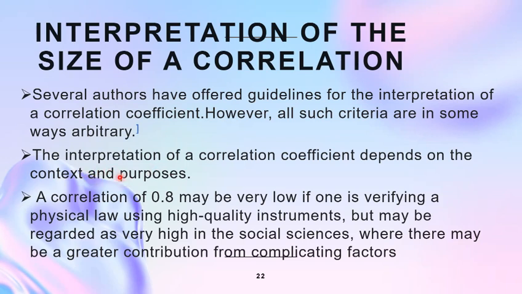We first check whether we need the correlation coefficient, as in whether it lies in the regression analysis, and only then can we interpret it. A correlation of 0.8 may be very low if one is verifying a physical law using high quality instruments, but may be regarded as very high in the social sciences, where there may be a greater contribution from complicating factors.